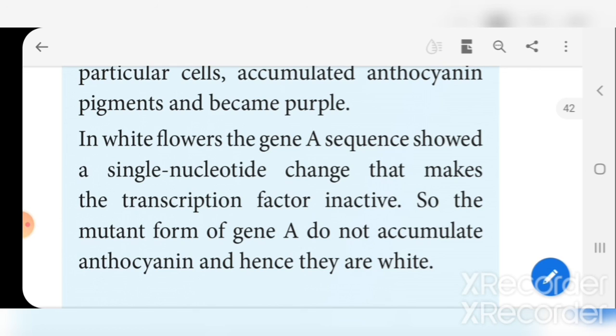What about a mutant? The organism which undergoes mutation is known as a mutant. So, the mutant form of gene A does not accumulate anthocyanin and hence they are white.